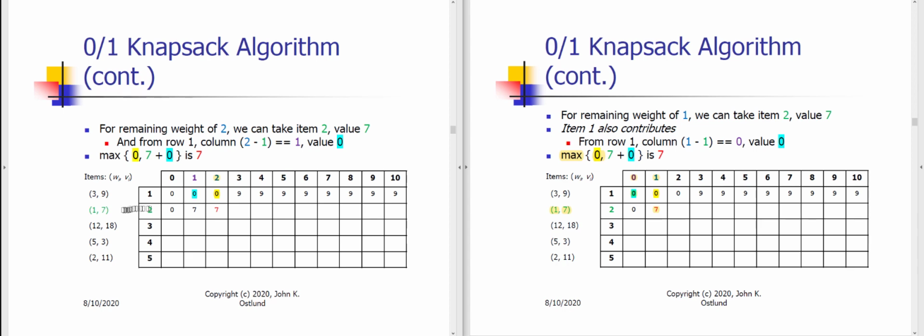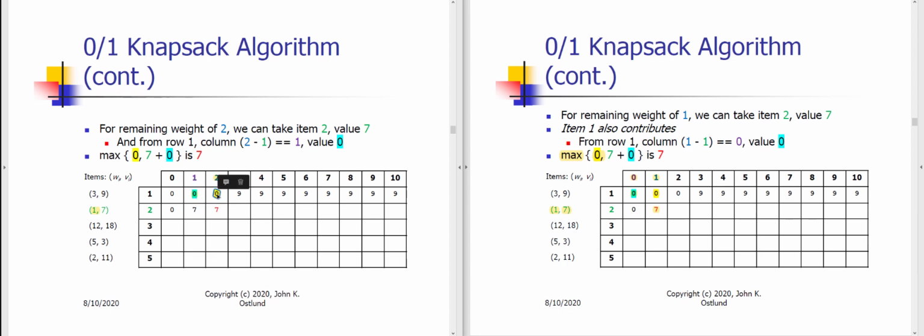Okay, again, this item weighs 1 unit, so if we have 2 units available and we do include item 2 in our set, which weighs 1, that means that the contribution of item 1 is going to be whatever item 1's value is in just 1 unit of remaining space.